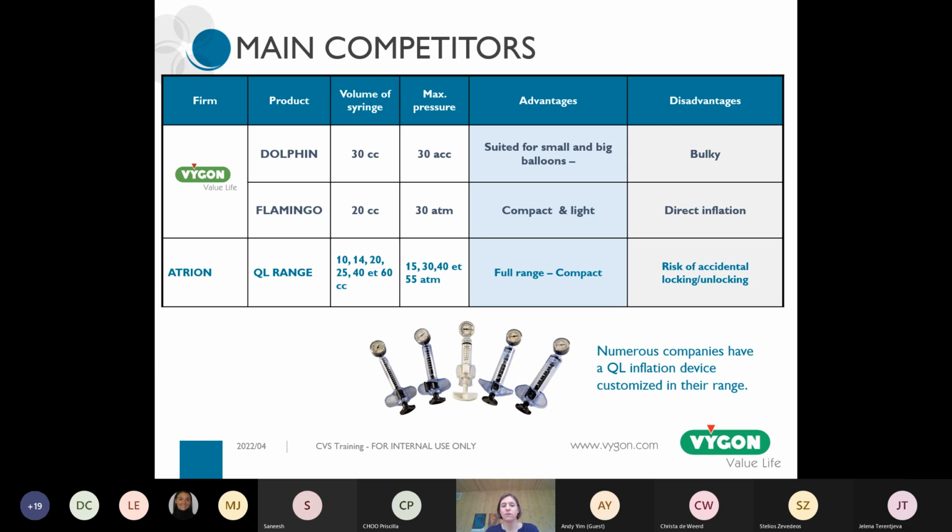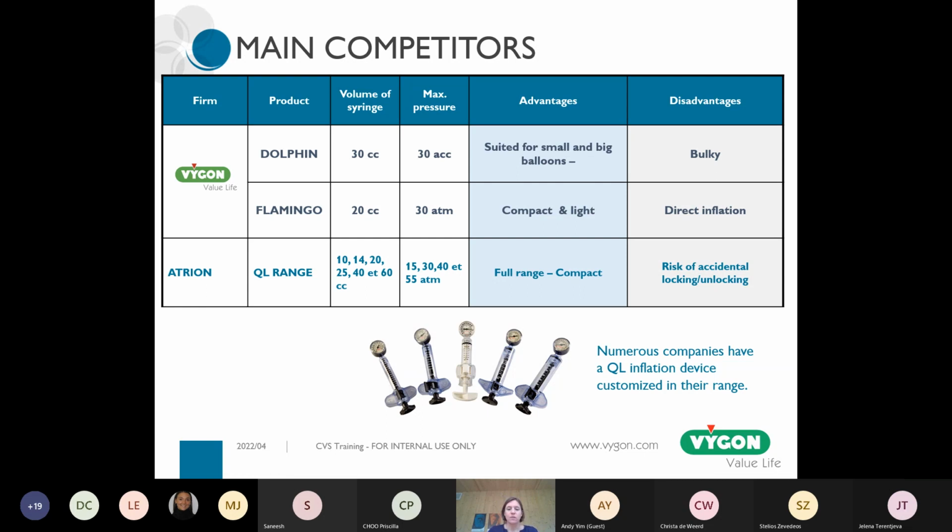They have a lot of inflation devices, with volumes of 20, 25, 40, 60 for gastroenterology, for example, and they have a choice of pressure. They're all very compact. They have a few ranges, but with this device, you could have a risk of accidental locking and unlocking sometimes.